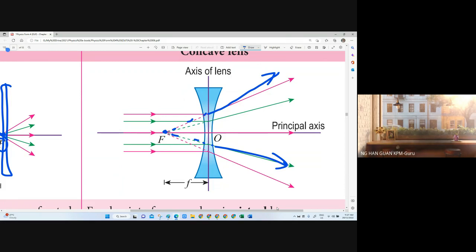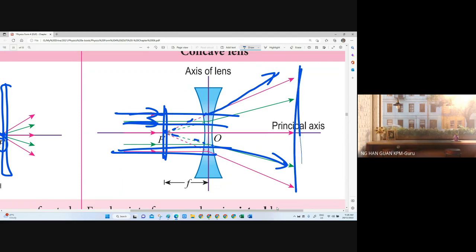You cannot put a screen here to get the light projected here, because the screen would be blocking. By right, the light will penetrate through the lens, so the screen would be behind. But the problem is the focus is the one we extend. We extend the line here, then the focus is here. So that's why we call it the virtual point or the virtual focus.